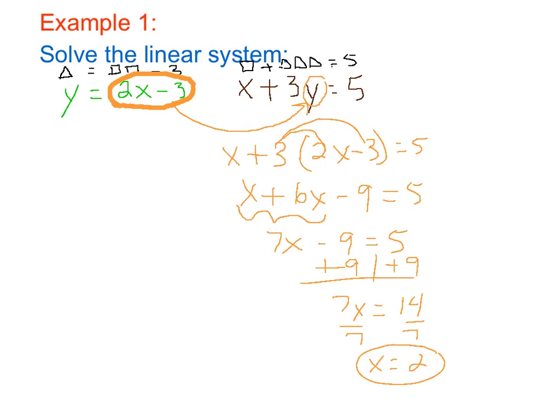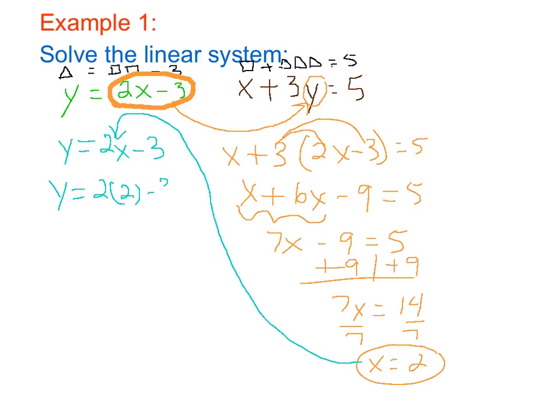So I'm going to take the equation that we have in green and rewrite it right below it. y equals 2x minus 3. If we know x is 2, I'm going to plug it in for x. So we're going to replace it, substitute it. So y then equals 2 times 2 minus 3. So y is equal to 4 minus 3, and y equals 1.